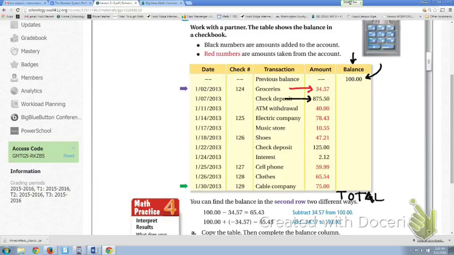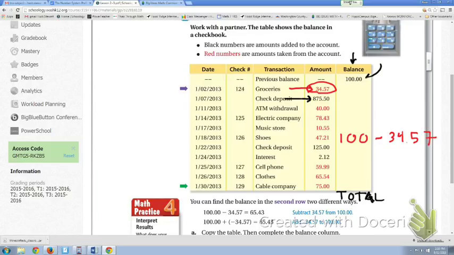Notice how this right here is a negative number. Actually, I'll erase this. I'll just write it big right over here: $100, and then you're taking away $34.57 from that.